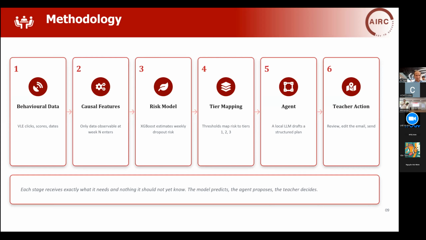They map that probability to a support tier, and an AI agent drafts the intervention. The teachers review, edit, and send the message to the student. Each stage receives exactly what it needs and nothing it shouldn't yet know. The model predicts, the agent proposes, and the teacher decides.